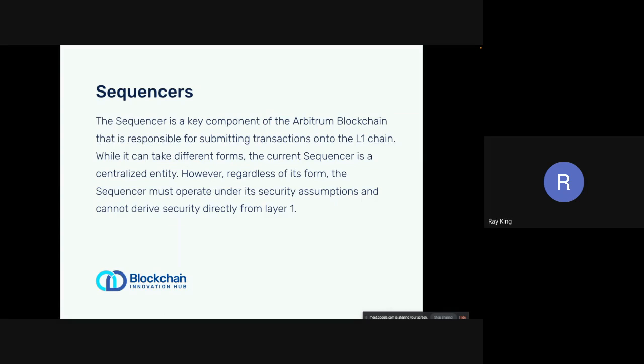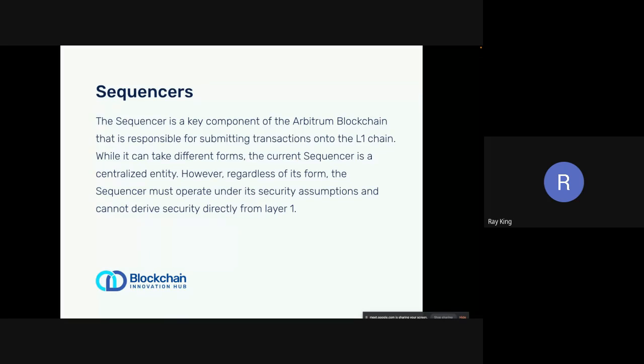Good morning, everyone. This is Samuel. I wanted to ask why the sequencers cannot derive security from layer one directly. Why is that not possible? Okay, I think I already mentioned that it has its own security assumptions, and it must operate under those security assumptions.